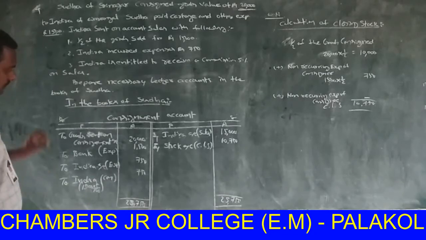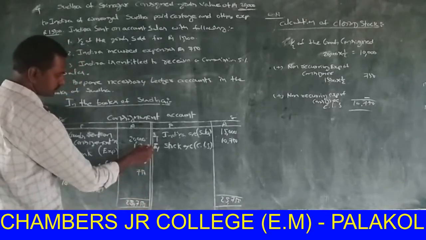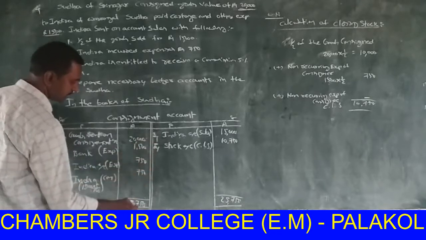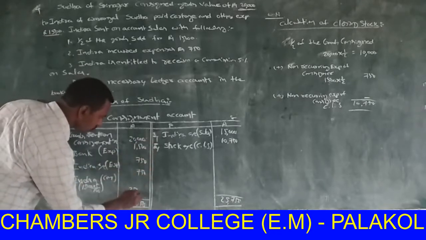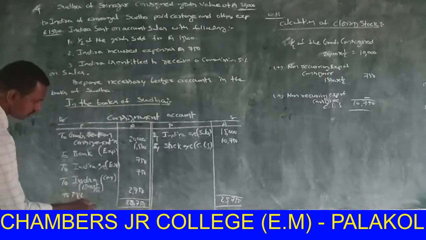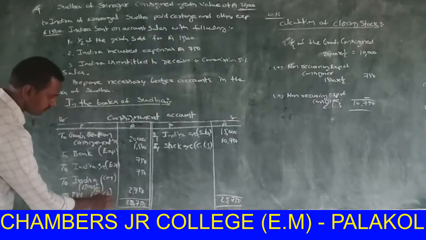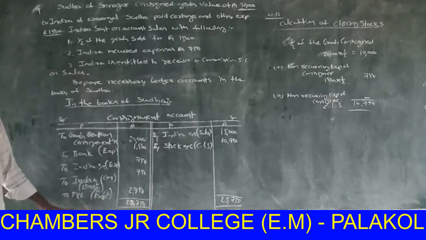The difference, 25,750 minus 23,000, is 2,750. This is the profit. Profit is transferred to profit and loss account.